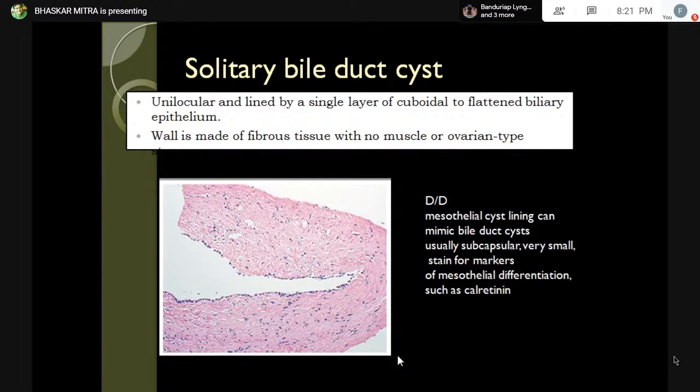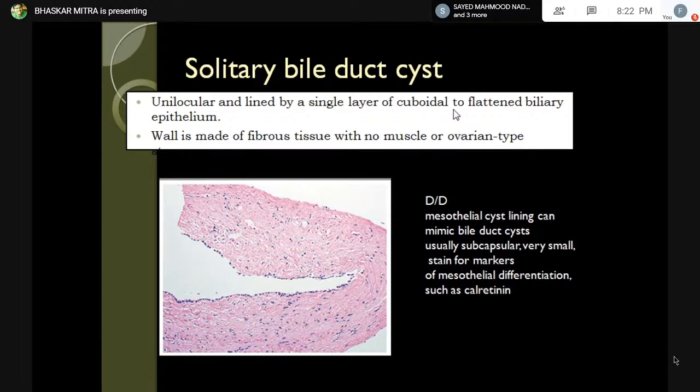Now, again a solitary duct cyst, unilocular, lined by a single layer of cuboidal biliary epithelium, flattened biliary lining, and surrounded by fibrous tissue, no muscle is there. So we might be dealing with a solitary bile duct cyst. Sometimes another thing comes into the differential if the cyst is situated on the periphery, that is the mesothelial cyst.